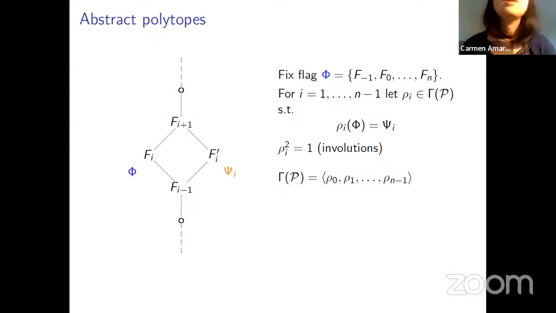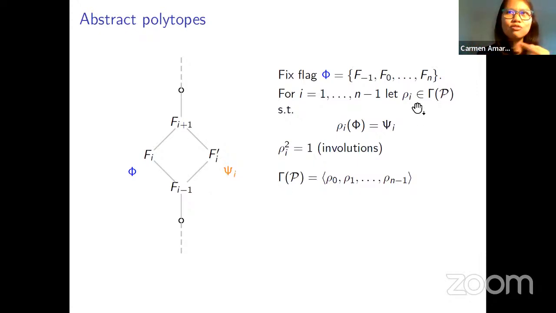Okay, now let us suppose that in our polytope, let's go back to the general case, we have a polytope of rank n. Let us fix a flag phi with faces f-1, so ito you see null set, f0, and so on up to fn. For any I from 1 to n-1, we shall take rho sub I. Sorry, we are assuming here that our polytope is regular.